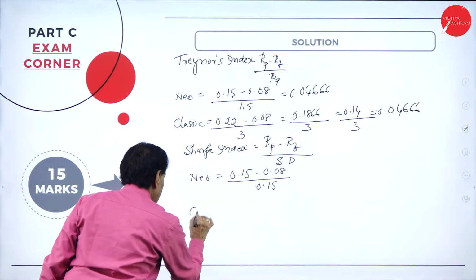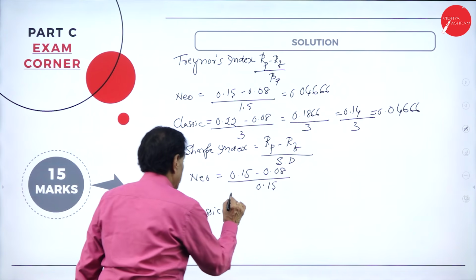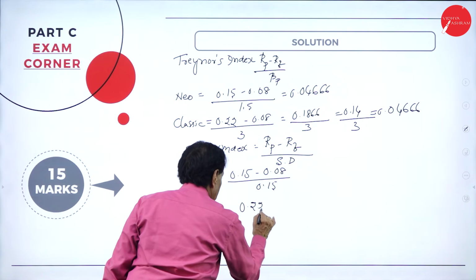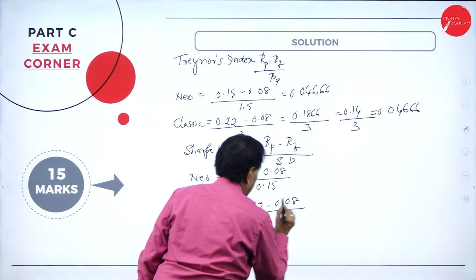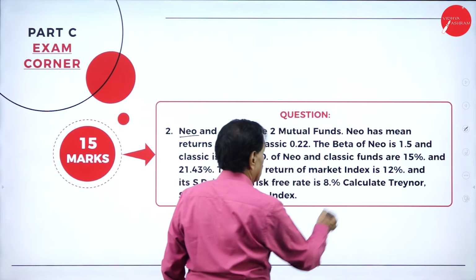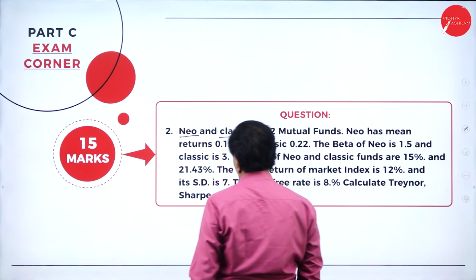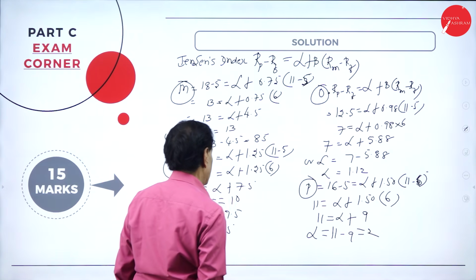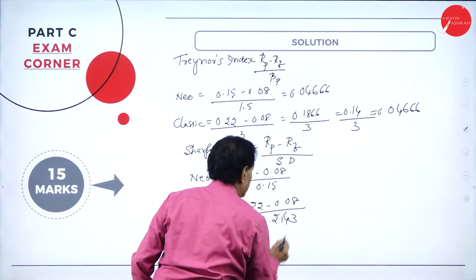Then classic: 0.22 minus 0.08 divided by standard deviation. The standard deviations of NEO and Classic are 15 and 21.43, so 0.2143.